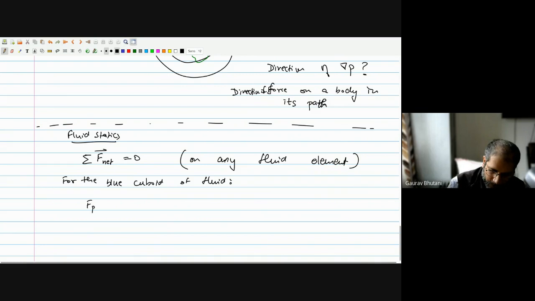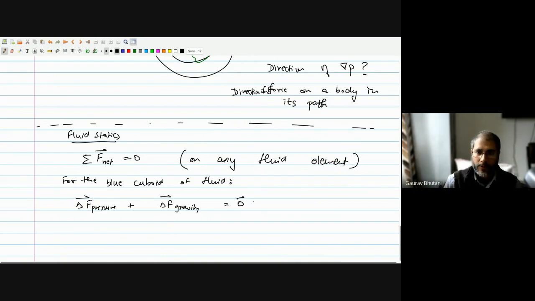One is the force because of pressure. I'll put a delta here, since everything is small. In addition to that, there's also a gravity force. And actually, these two forces balance each other.